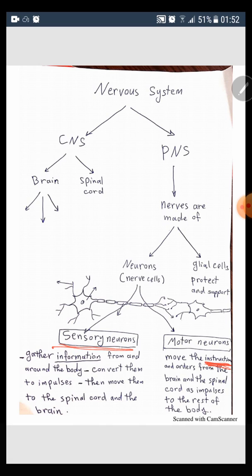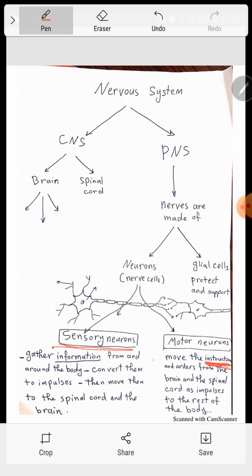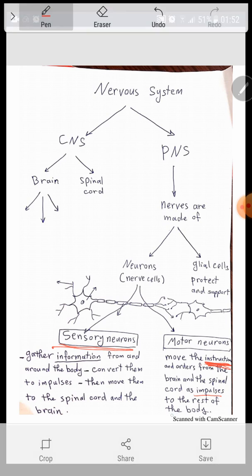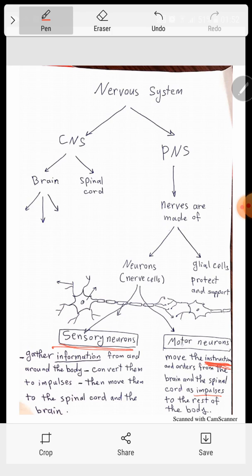The sensory neurons gather the information, while the motor neurons move the instructions and the orders from the brain and the spinal cord as impulses also to the rest of the body. So here the sensory neurons move the sensation, the information from the environment, from all around the body.